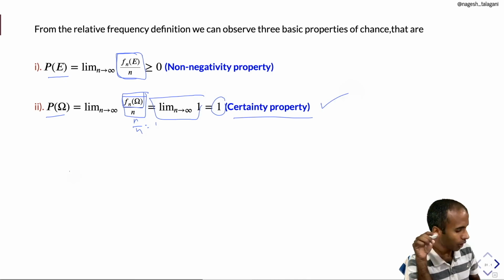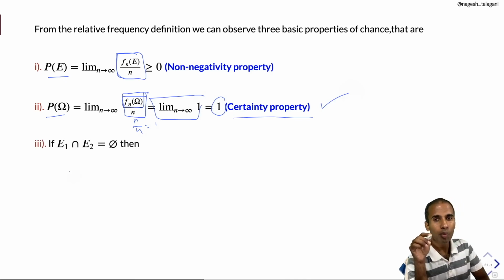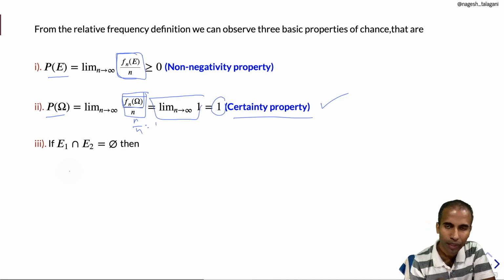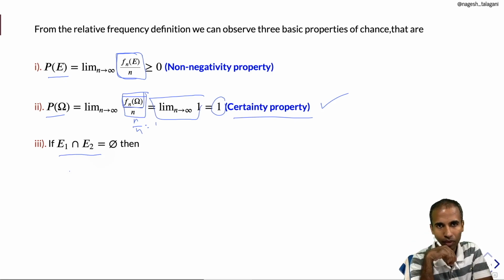Next, the third one is going to be something called the additive property. If you take two events E1 and E2 which do not happen simultaneously, that means E1 intersection E2 is empty, meaning they do not have a common outcome. So E1 and E2 do not happen simultaneously; at most one event can happen.